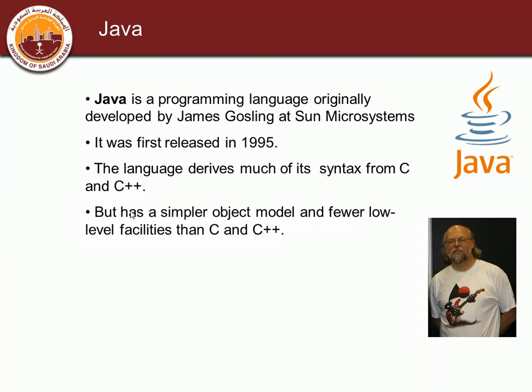So if you're programming in Java, you're going to find a lot of similarities with C and C++. And by the way, don't think that if you learn one programming language, you're not learning others. Actually, many different programming languages share a common syntax with Java. So if you learn Java, you're going to learn many other programming languages.